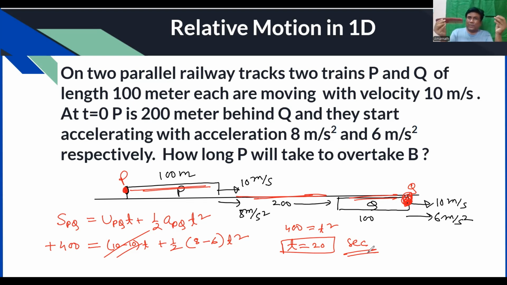Now only can you say that the tail of P must cross the head of Q. Then I can say that they are overtaking each other. So it means the point P has to travel 100 plus 200 plus 100, altogether 400 meter, to cross the stationary point Q, you can say. Q is supposed to be stationary only, no? Because you are sitting at Q.